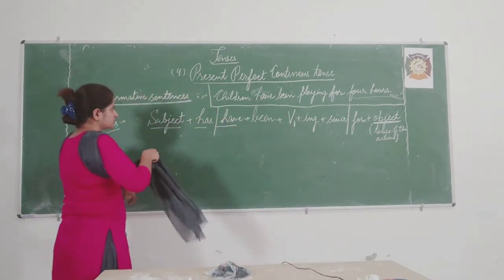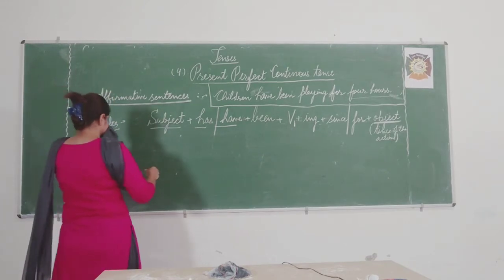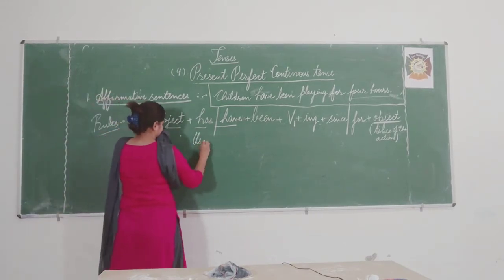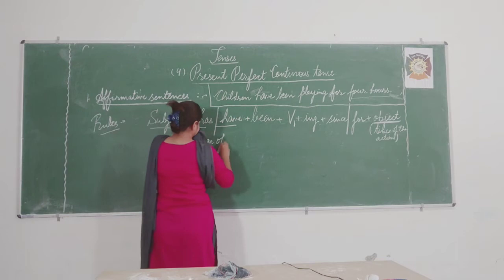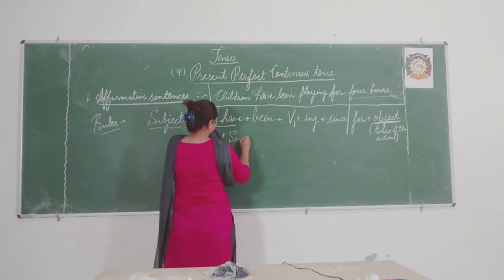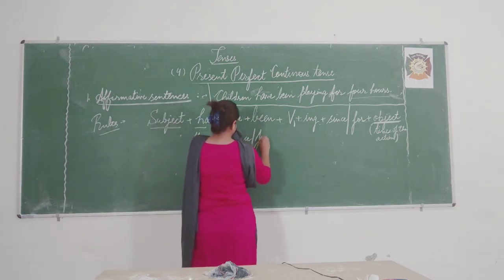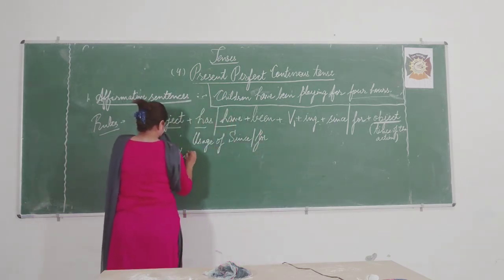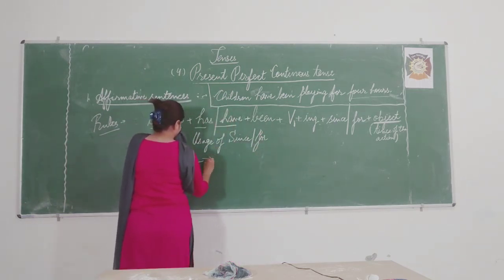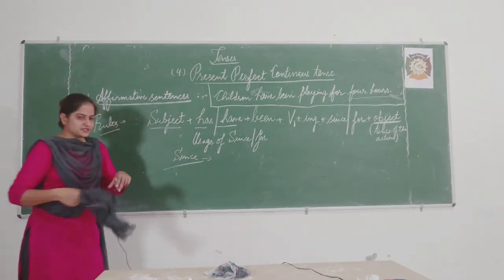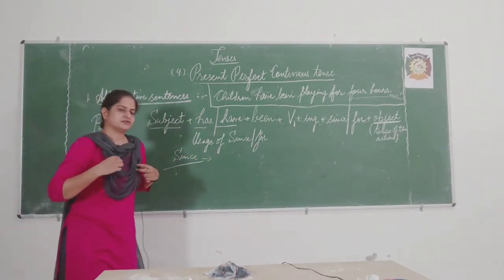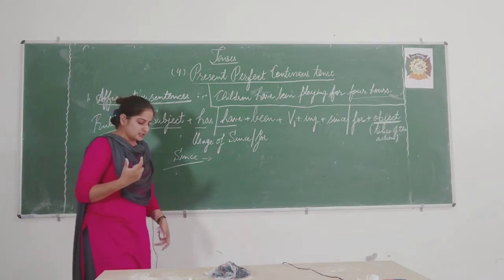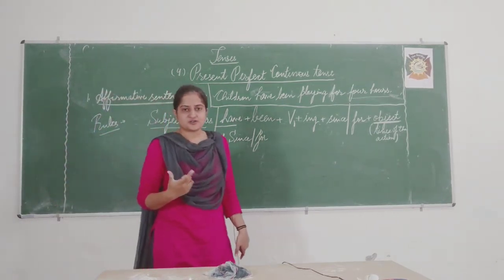So where do we use since and for? Usage. Since is always used where we talk about a particular point of time.